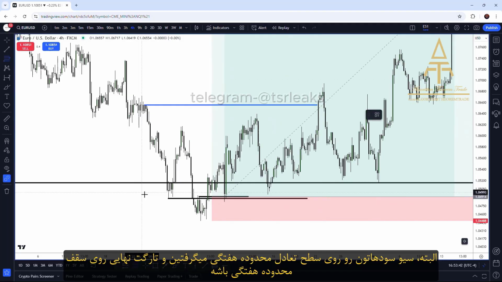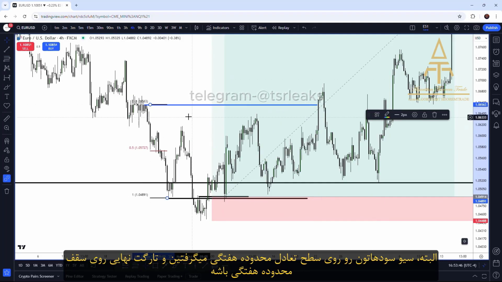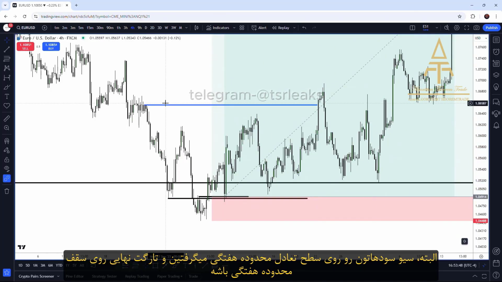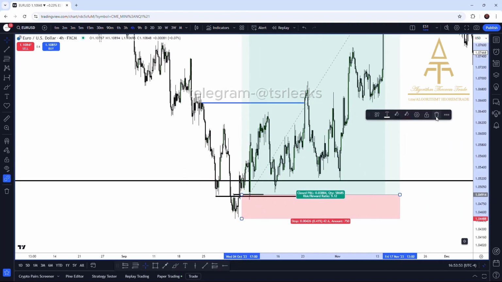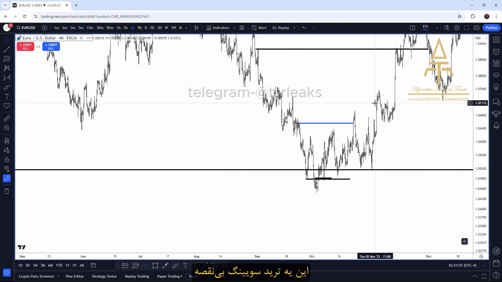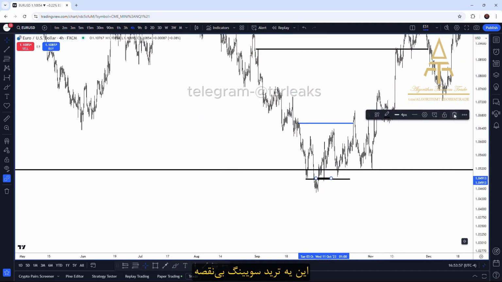So 19 days to hit your total final take profit if you are only trading the weekly range. Of course, take your partials at the EQ of this weekly range and final take profits at the high of the weekly range. This is a perfect swing trade.